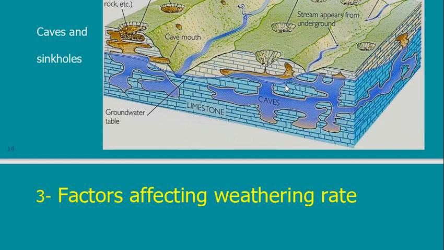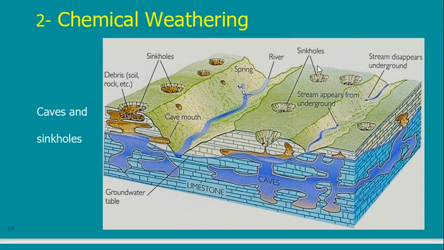A building collapsing down due to the effect of something called a sinkhole. What is a sinkhole? A sinkhole is the effect of an inside cave that collapsed from the top, so everything on top falls down inside this cave. So if this is the cave, then here these are sinkholes.